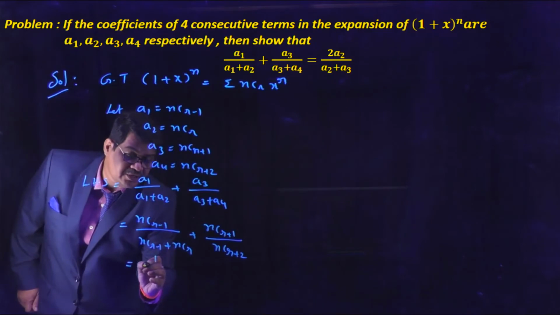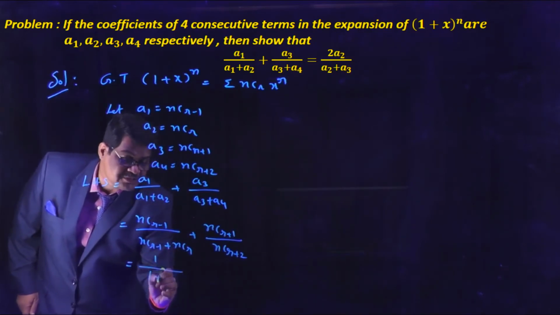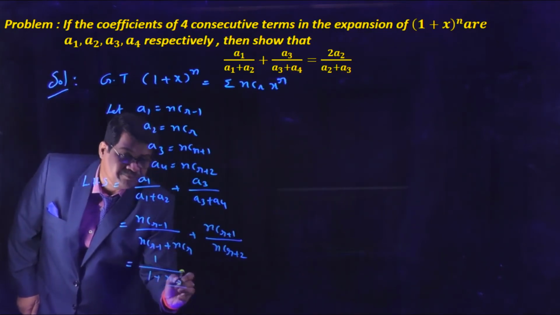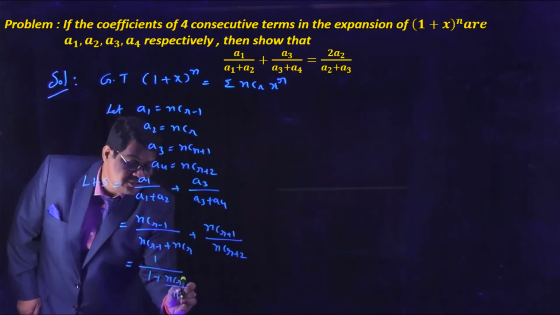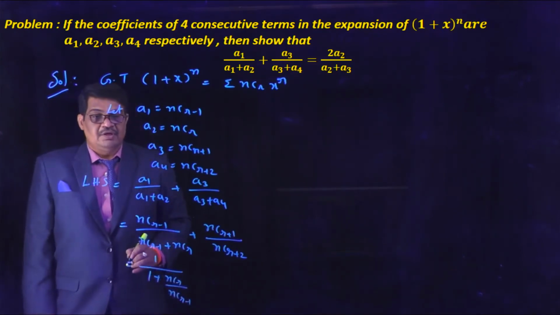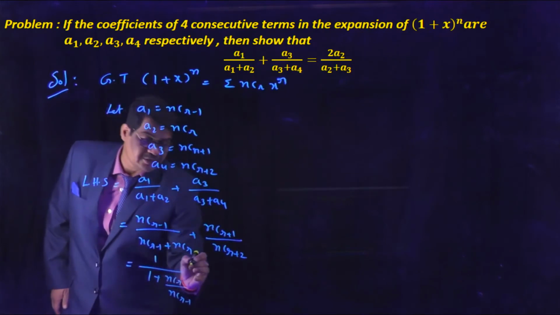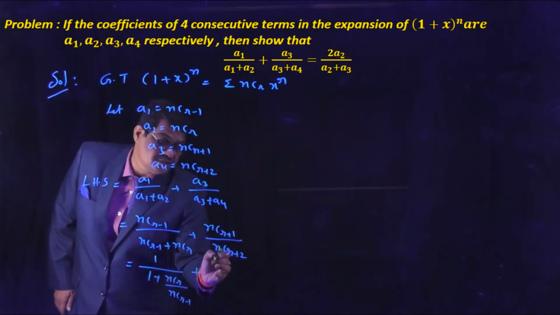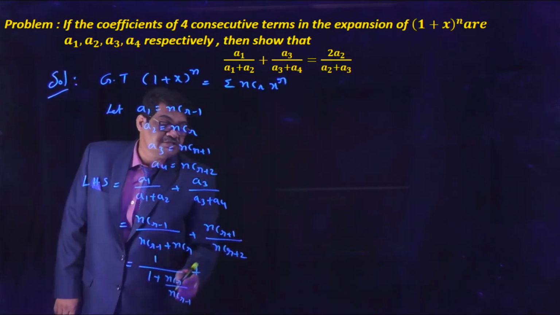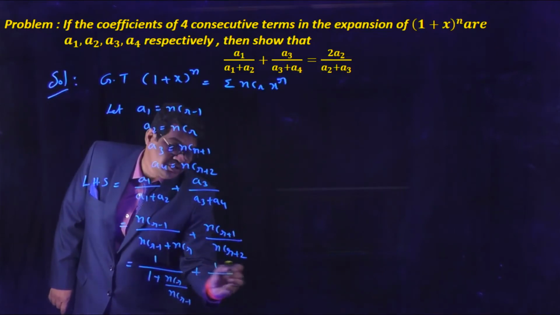Then we are getting 1 by 1 plus nCr by nC(r−1). Here also, in the second term, we are dividing numerator and denominator by nC(r+1).